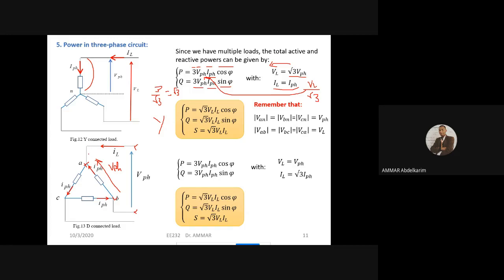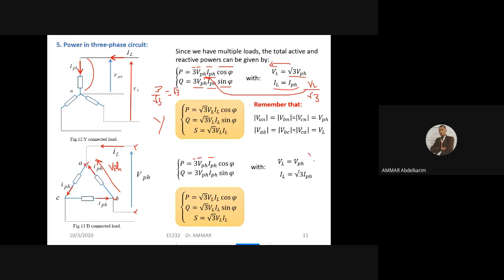The line current gets divided in this node. So the power is 3 V phase, the voltage across the load, times the current flowing through the load, which is I phase, cosine phi or theta. Also Q is 3 V phase times I phase, sine phi or theta.